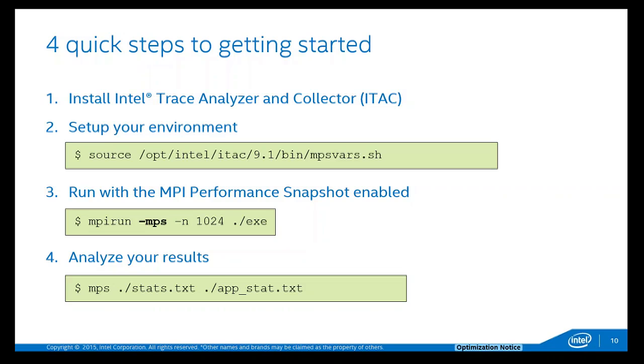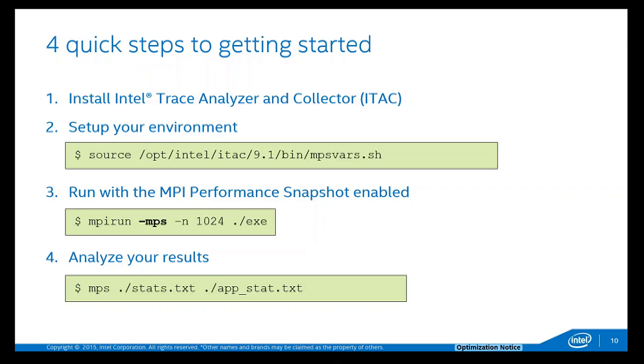In my case, I ran my example with Bash. That sets up your environment, which mostly just appends a few install and library paths to the PATH and LD_LIBRARY_PATH environment variables. And that's really all you have to do in terms of setting up your environment.